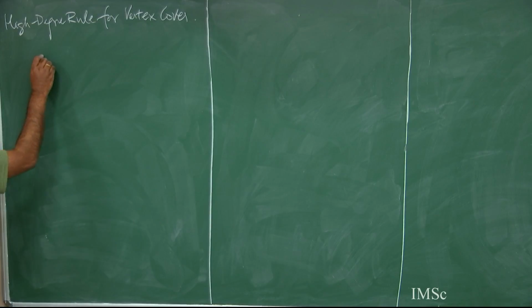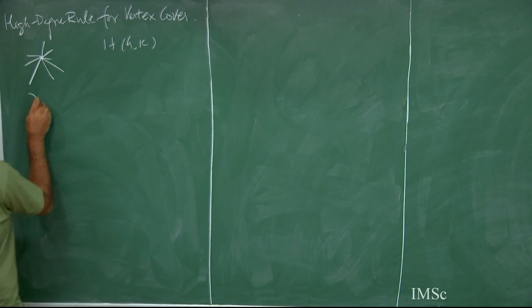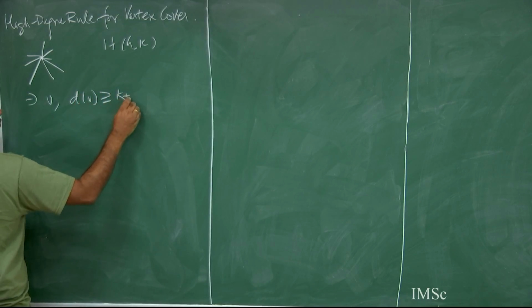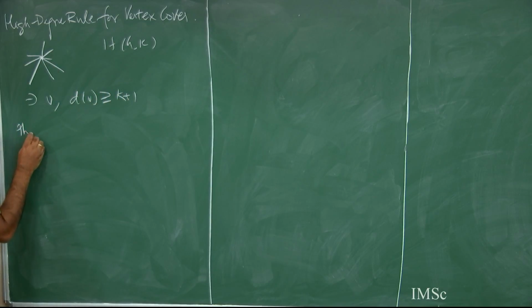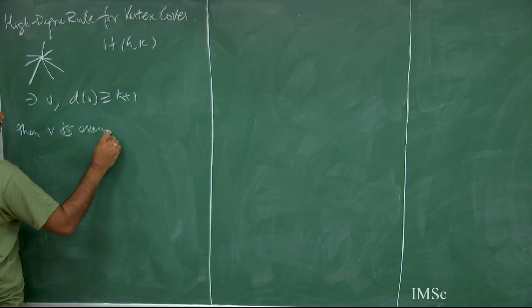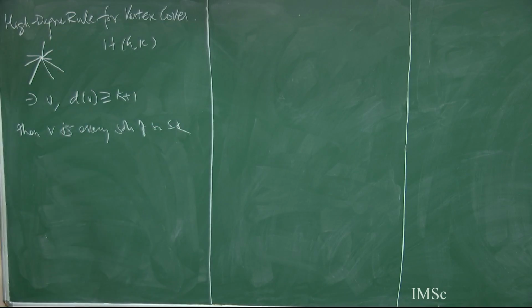The rule was: if there exists a vertex V with degree more than K, then V is part of every solution of size at most K, because if you do not take him, you have to take more than K vertices.